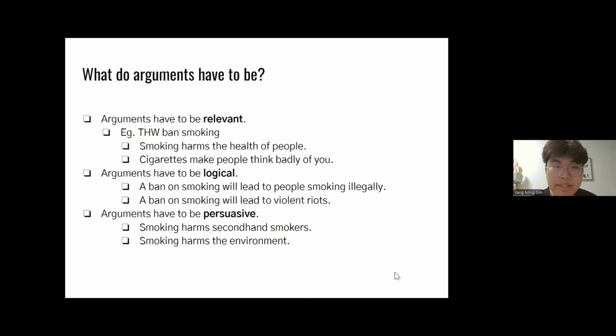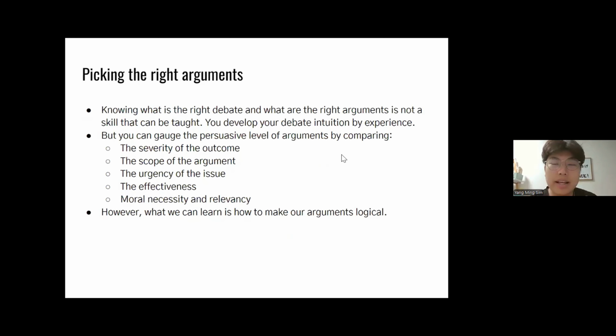Okay, right. Today we'll be looking at picking the right arguments. Knowing what the right arguments are in a debate is very hard to teach. I've been debating for 4 or 5 years, and I also sometimes do not know what the right arguments to run are, or whether this is the right debate to run them in.